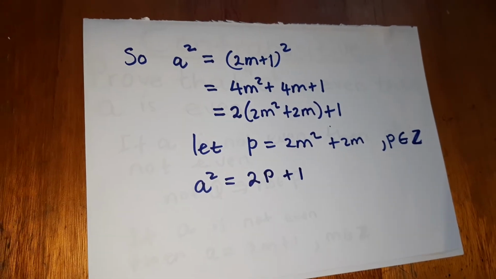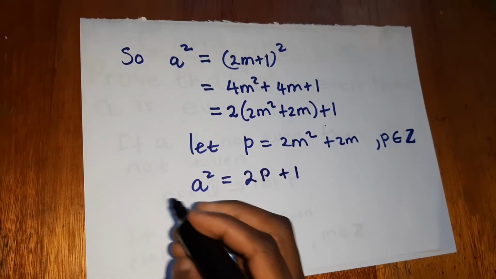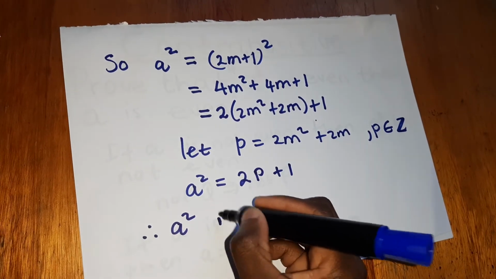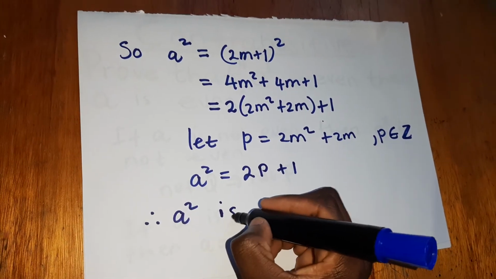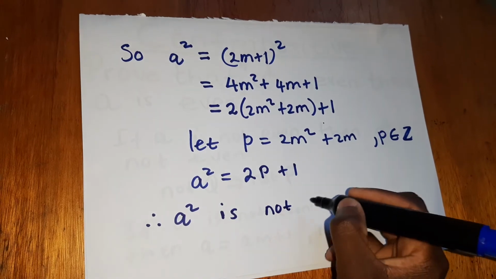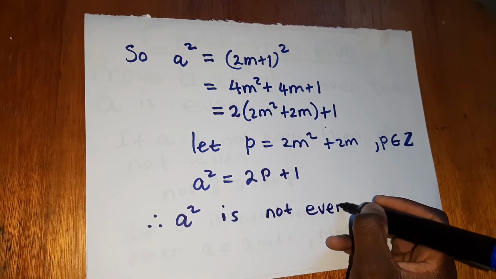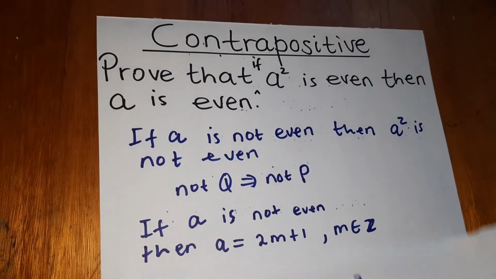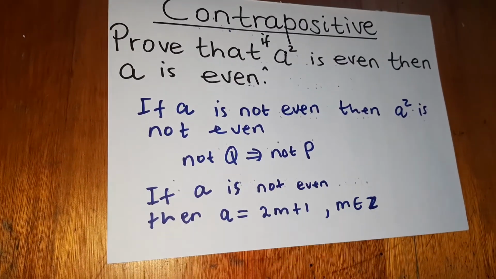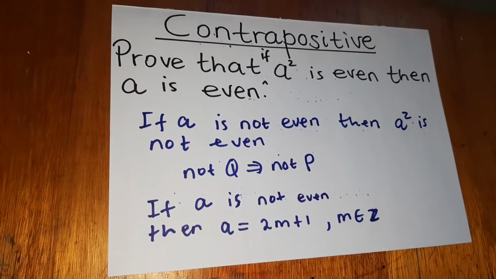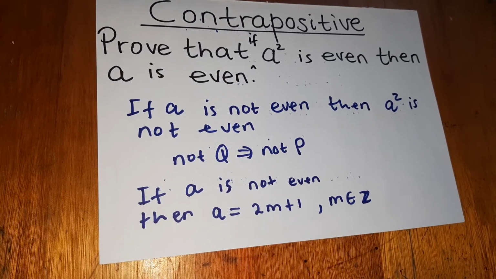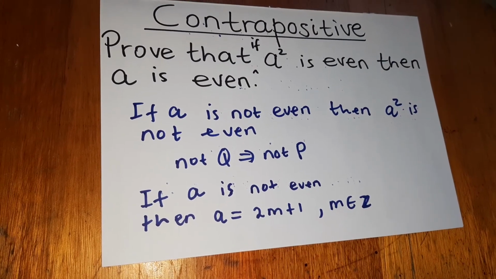Now we know that 2p plus 1 is odd. Therefore, our A squared is not even. So we have proven that if A squared is even, then A is even by using contrapositive.